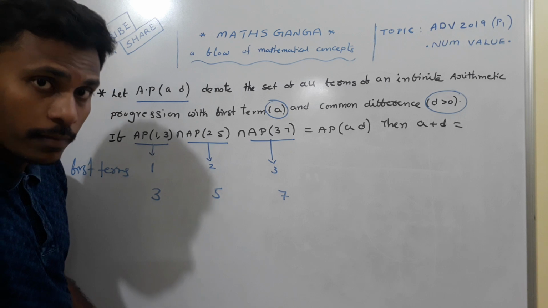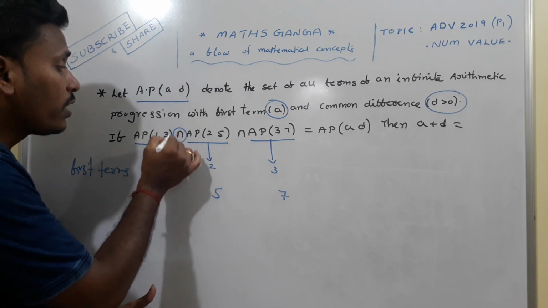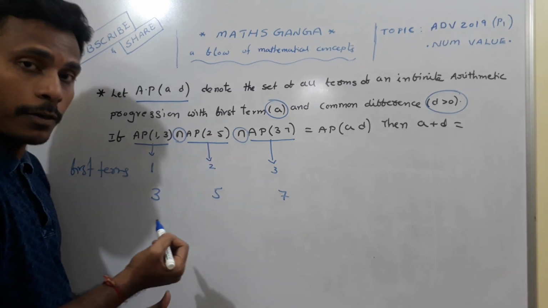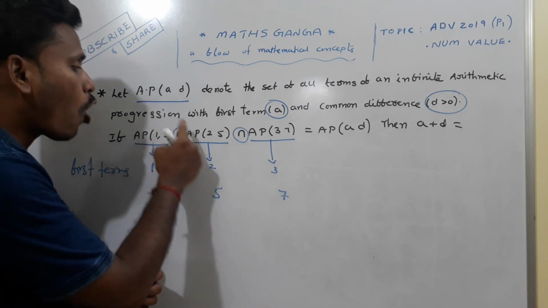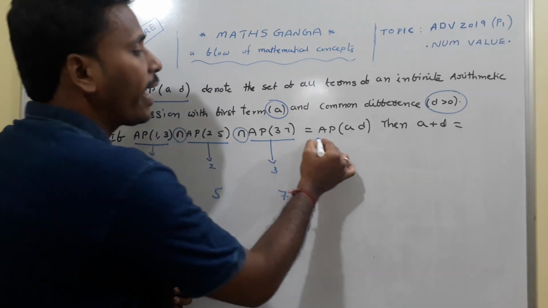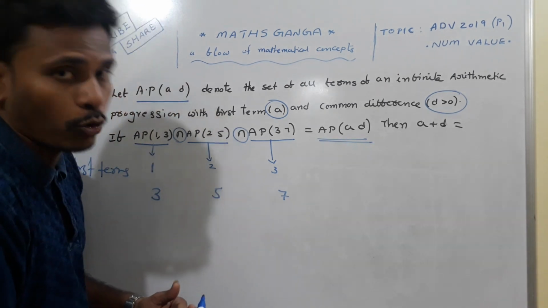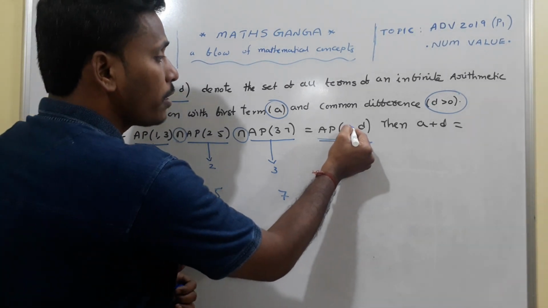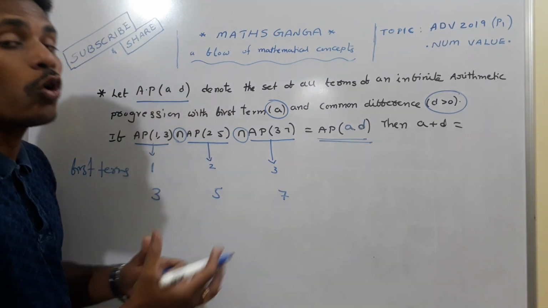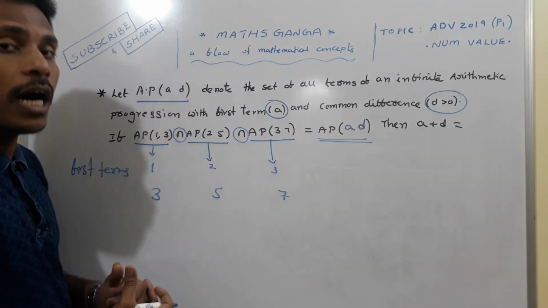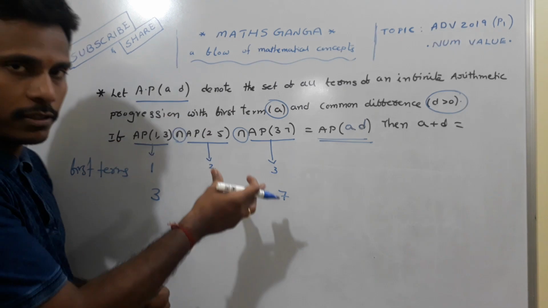Now the question is: the intersection of these three sets, that means the numbers which are common in these three sets, again forms another arithmetic progression whose first term is A and common difference is D. So we need to collect the common terms from these three sets.